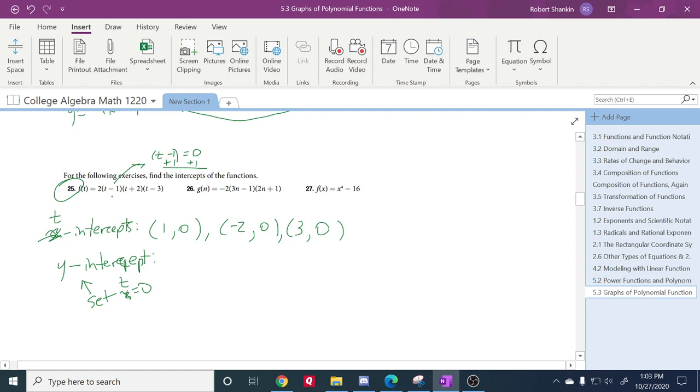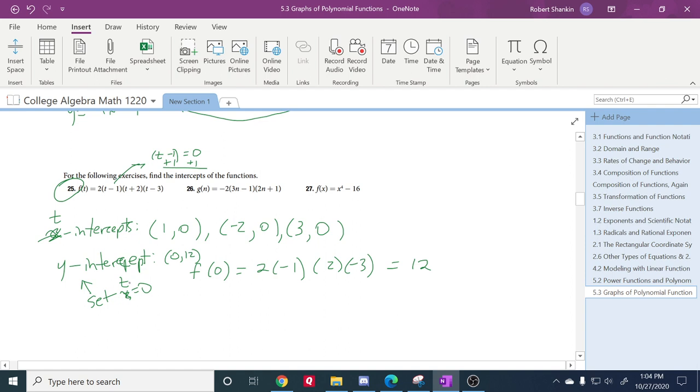When you set the t equal to 0, you're going to get f of 0 equals 2 times negative 1, because 0 minus 1 is negative 1, times 2 times negative 3. And there's going to be two negatives, that makes positive. 4 times 3 is 12. So the y-intercept is really the point 0, 12.